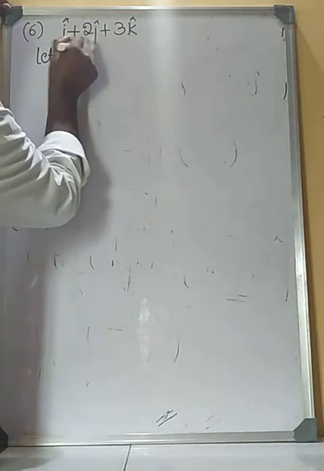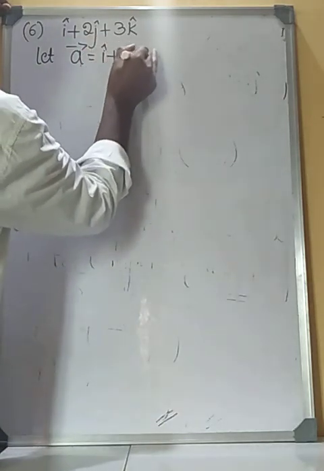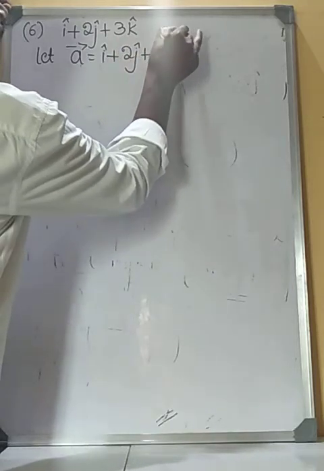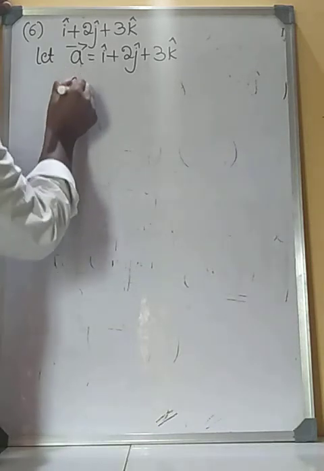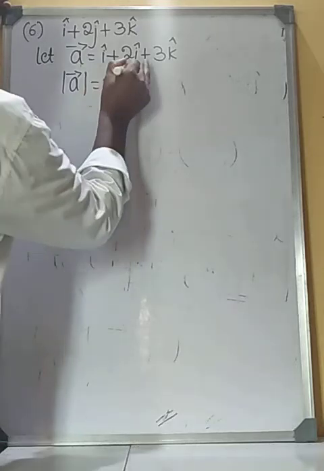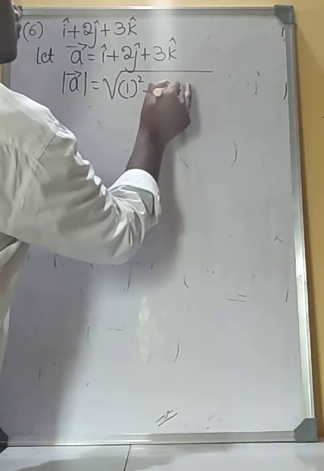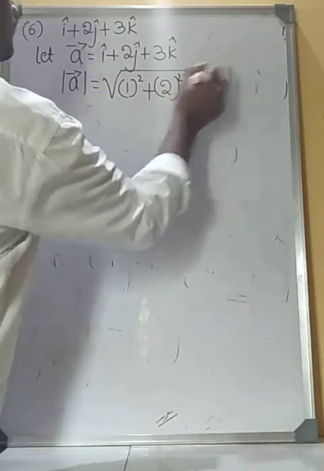Here let vector A be equal to i plus 2j plus 3k. First find magnitude of vector A, which is square root of 1 square plus 2 square plus 3 square.